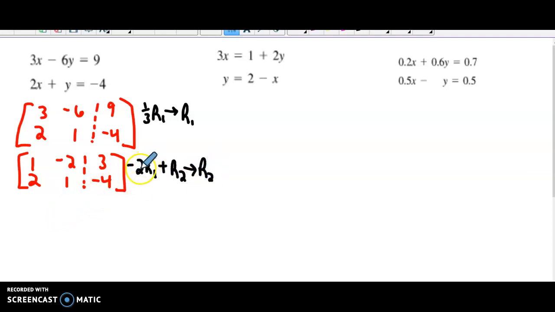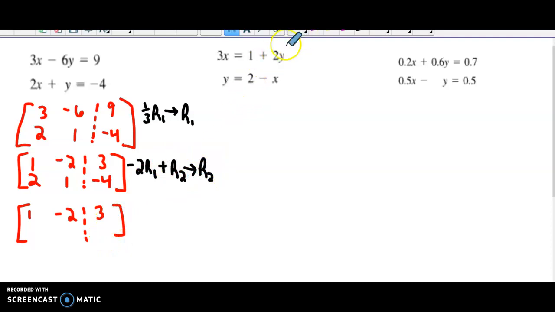Remember, you're allowed to add non-zero multiples of one row to the other. So I'm going to take -2 times row 1, add that to row 2, and that's going to be my new row 2. What I want you to realize is row 1 is staying the same. I'm using row 1 to get to a new row 2.